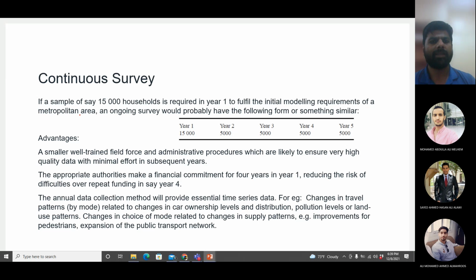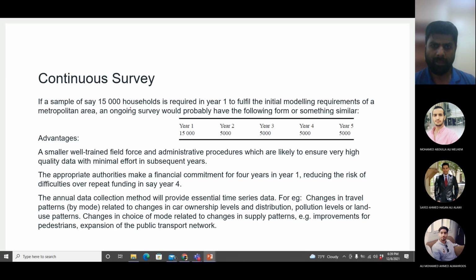Okay, let's say we have continuous surveys. Continuous survey means you collected data from this year, and then you repeat the survey in subsequent years as well. This is what normally happens at the government level.